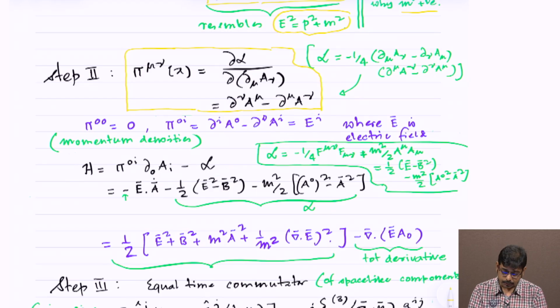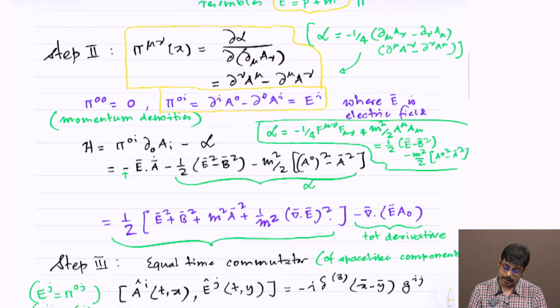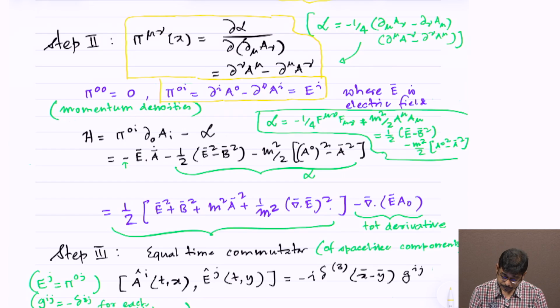But remember that what we actually require is pi 0 I in order to define the Hamiltonian. Now, pi 0 is actually equal to 0, and pi 0 I is del I a 0 minus del 0 a I, and that is nothing but E I, which you can call the electric field essentially.